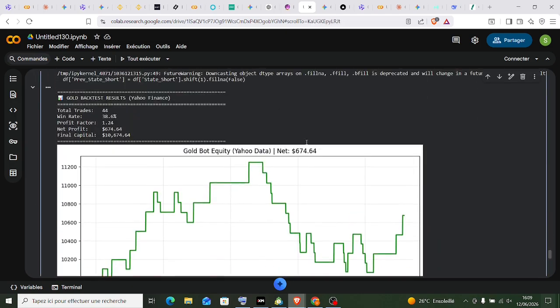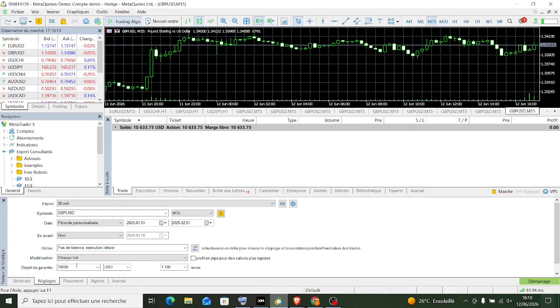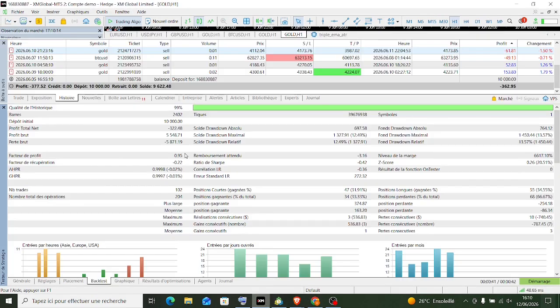Python showed 44 trades, a 38% win rate, a profit factor of 1.24, and a net profit of $674. Wait a minute. MT5 showed a loss of $322. Python shows a profit of $674. The exact same bot, the exact same logic, completely opposite results.